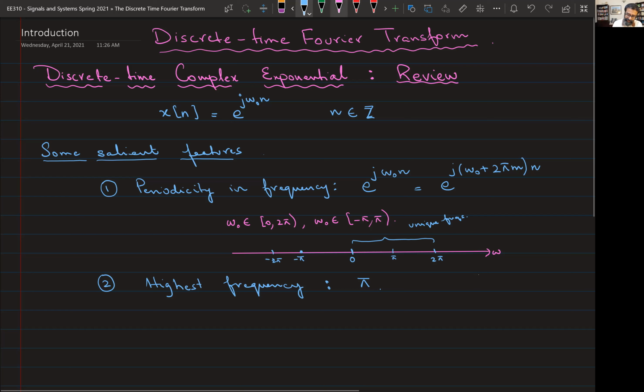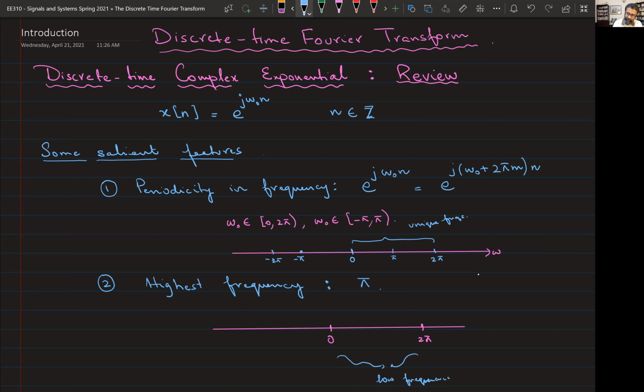And as a consequence, let me draw it again. The frequencies around 0 and the frequencies around 2 pi, these are the low frequencies. So this corresponds to the low frequency regime, right?